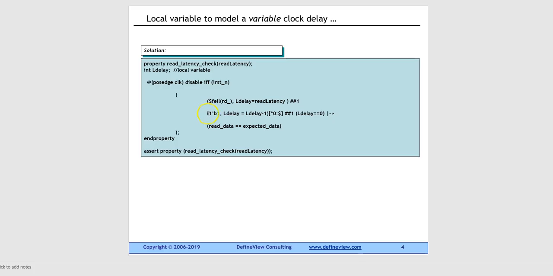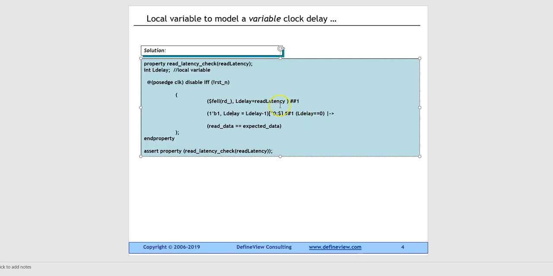by doing this particular small sequence here, saying that always, because it's always true, at every passage of clock, decrement the local variable LDelay. And keep repeating this, keep decrementing LDelay at every clock with a consecutive repetition operator, meaning keep subtracting LDelay forever until LDelay is equal to 0.